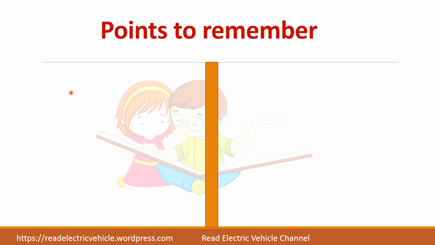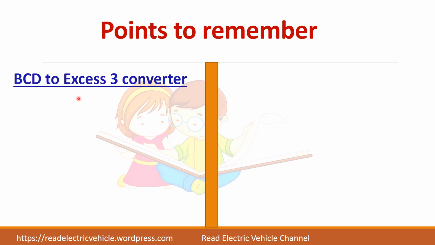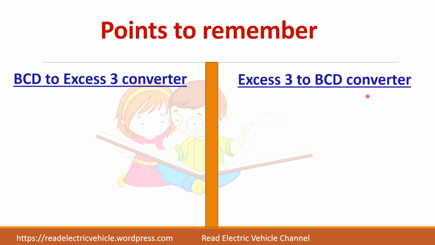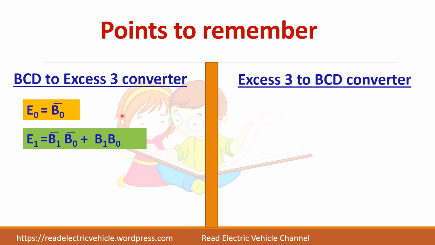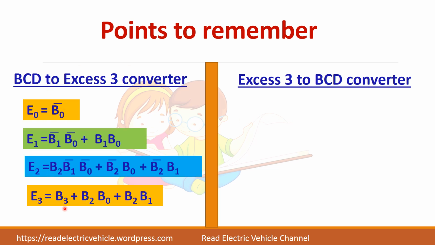So now we have finished the code conversion. You can draw the logic diagram as in the previous case. Now we will see the equations that we have got in the BCD to XS3 converter and the XS3 to BCD converter. There is some similarity between these two which will be helpful to study from the exam point of view. So E0 is equal to B0 bar, E1, E2 and E3.